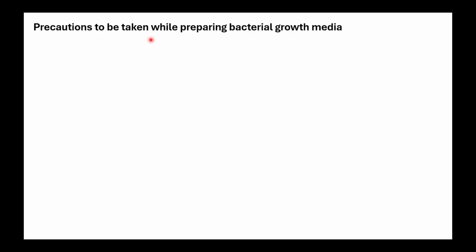Suppose E. coli cells are usually cultured in LB media. When LB media is prepared in flasks or glassware, people usually plug it with a cotton plug and then autoclave it at very high temperature, around 121 degrees Celsius, and high pressure.